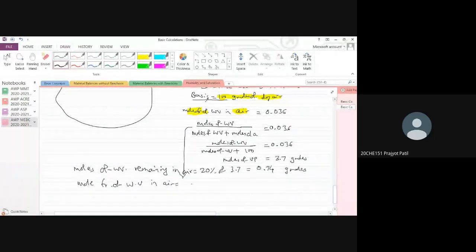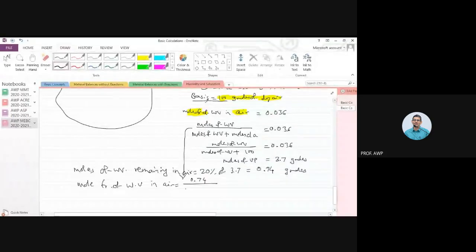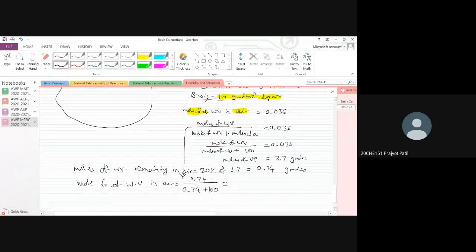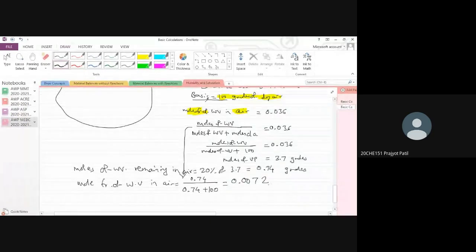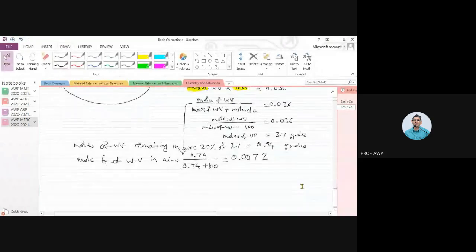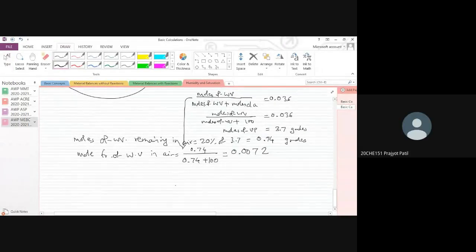Yes, sir: 0.74 divided by 0.74 plus 100. The dry air part is not changing. How much is this number? 0.74 divided by 0.74 plus 100 is 0.0072. Okay, I'm assuming your calculations are correct; I'm not checking them. So the mole fraction of water vapor is 0.0072.